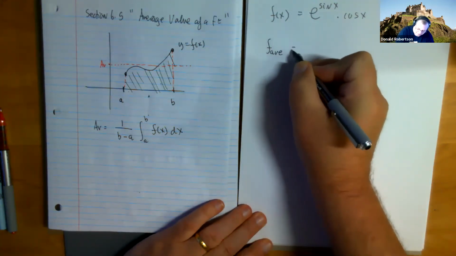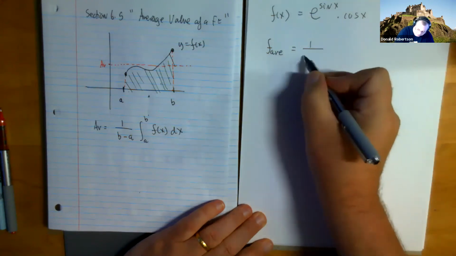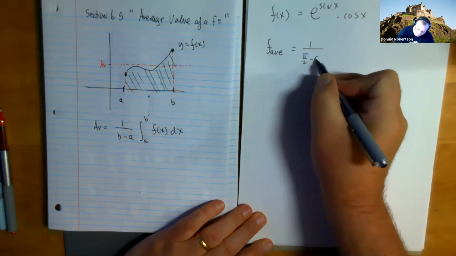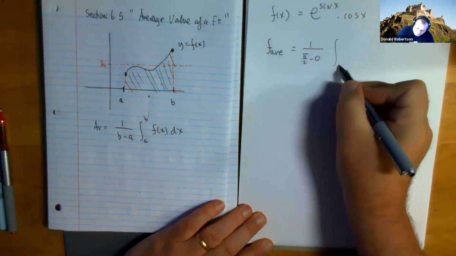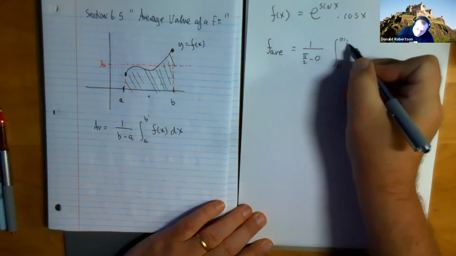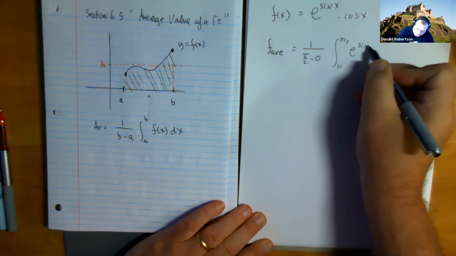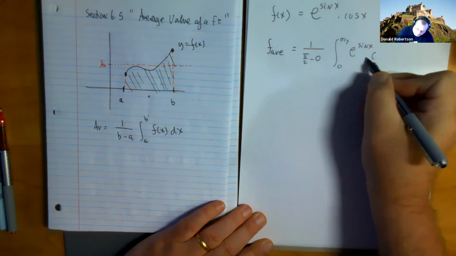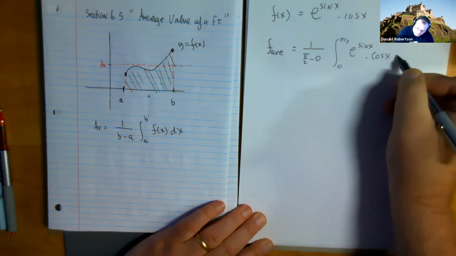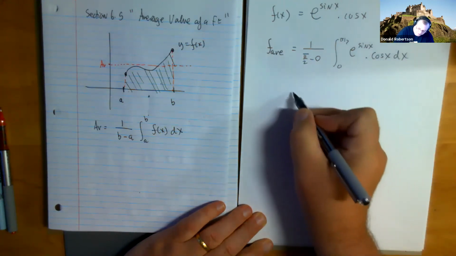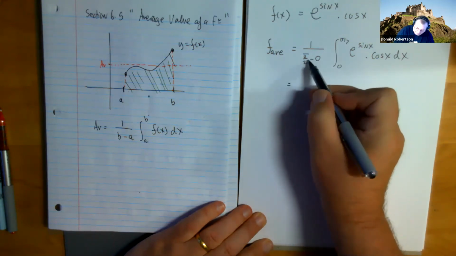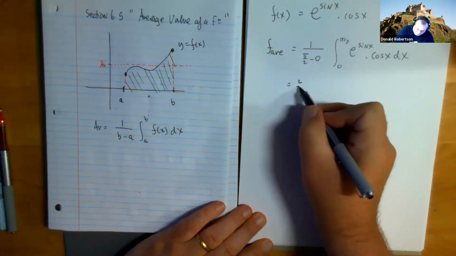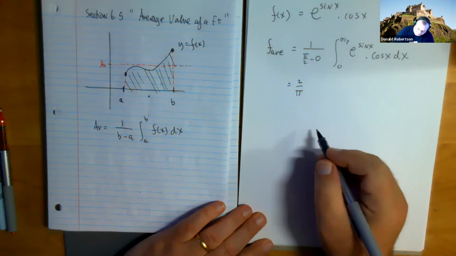So the average is 1 over pi upon 2 take away 0, the integral from 0 to pi upon 2 of this guy. Pi upon 2 on the bottom is the same as 2 over pi. That wasn't much of an issue.